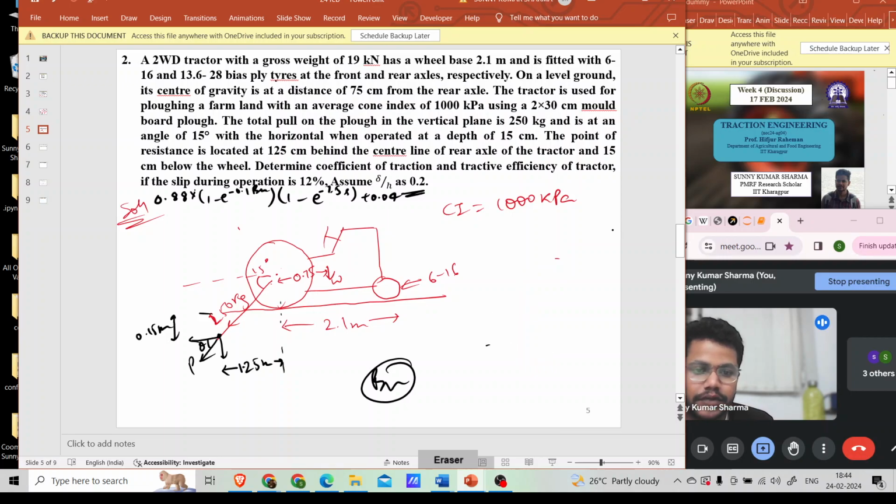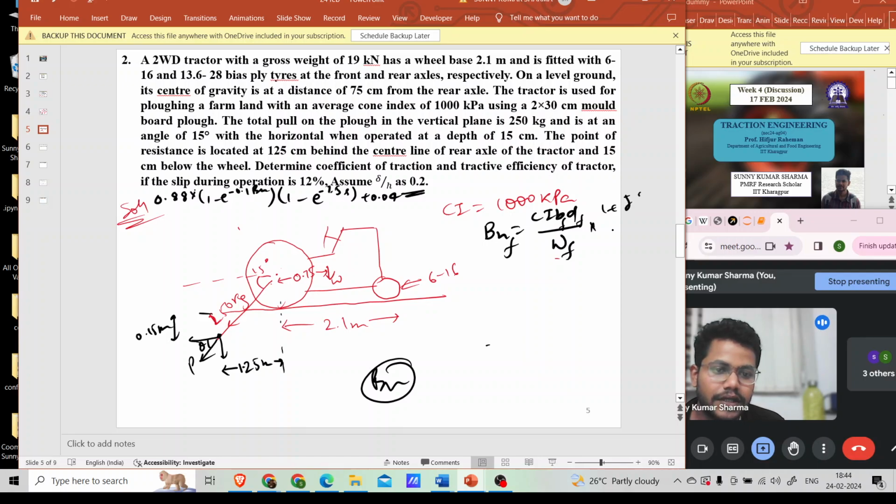First, we are calculating mobility number, CIBD. We need to calculate B and D for both front and rear wheels. So Bn for front we have to calculate, which will be CI into BF and DF by W on front wheel into 1 plus 5 delta H by 1 plus 3 B of front wheel by D of front wheel.